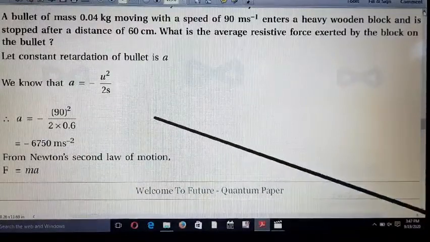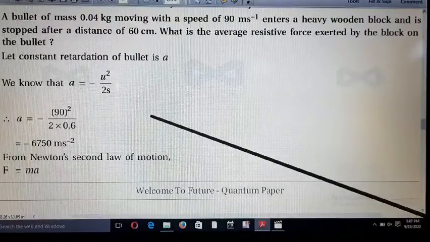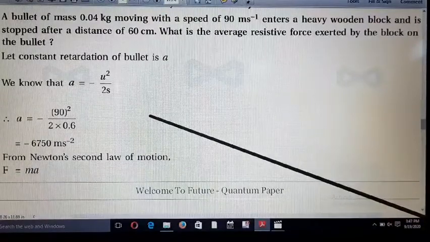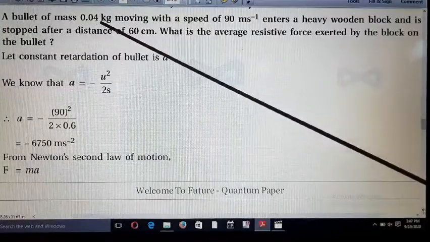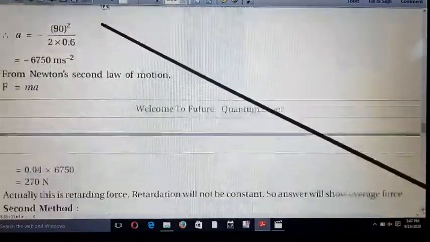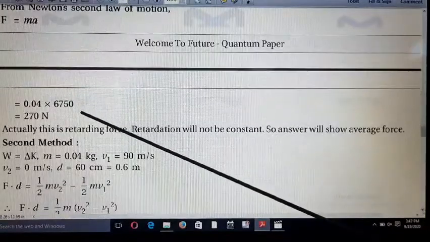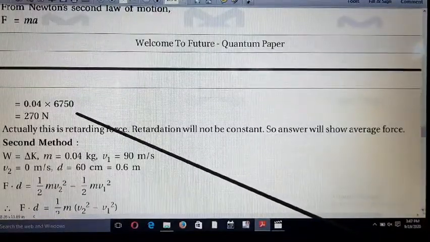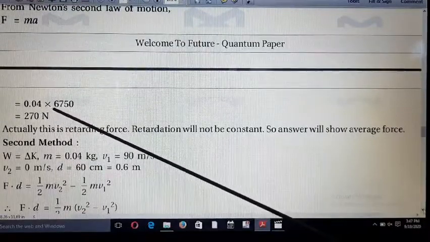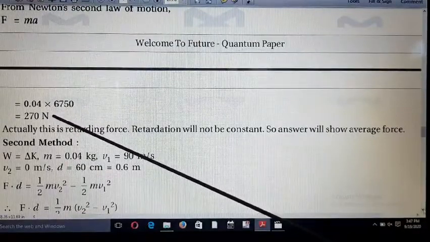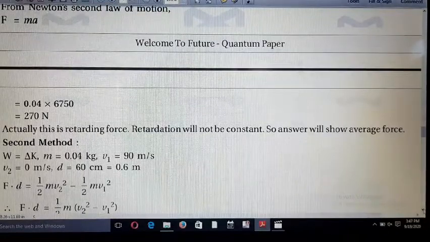According to Newton's second law of motion, F is equal to ma. The value of mass is available, here mass is equal to 0.04 kg, and acceleration is available. Here we take the value of acceleration as positive. So multiplying 0.04 cross 6750, we get the answer 270 Newton.